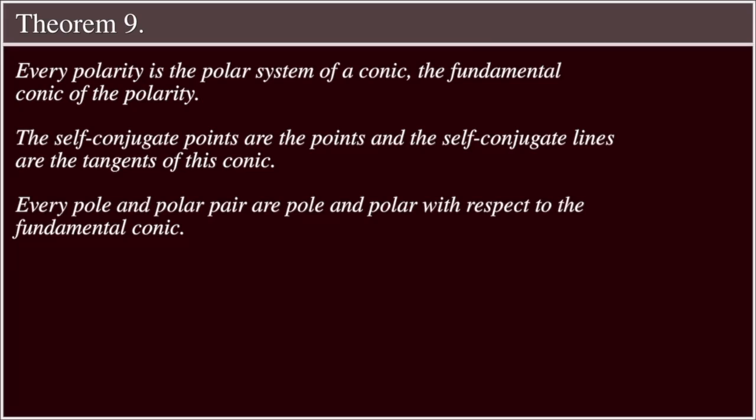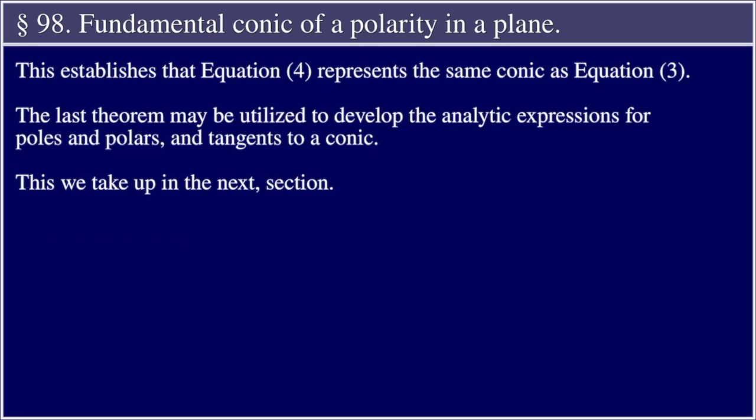Every pole and polar pair are pole and polar with respect to the fundamental conic. This establishes that equation (4) represents the same conic as equation (3). The last theorem may be utilized to develop the analytic expressions for poles and polars and tangents to a conic. This we take up in the next section.